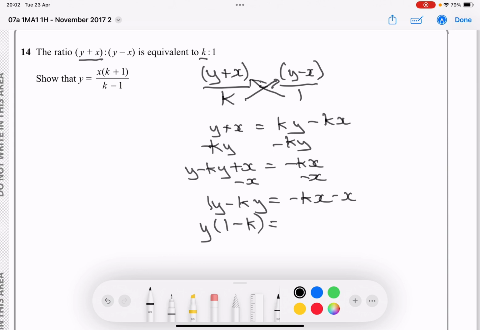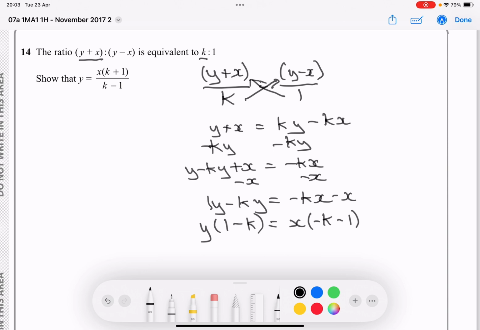now on the other side, I factorise out the x. So I take the x out, so I get minus k minus 1. Okay, like so.